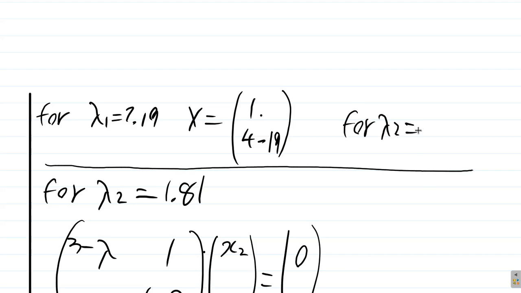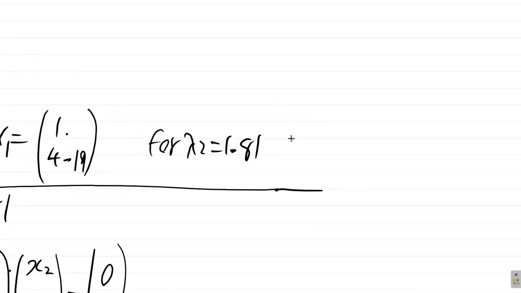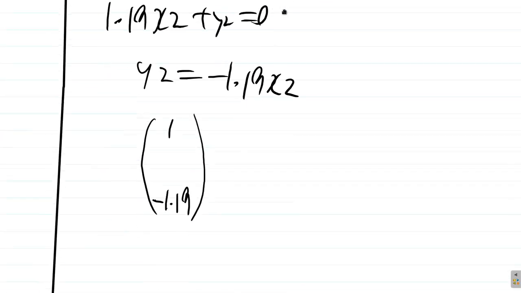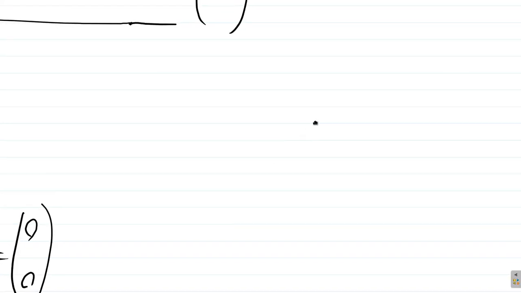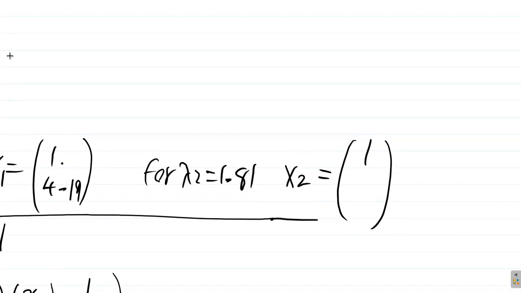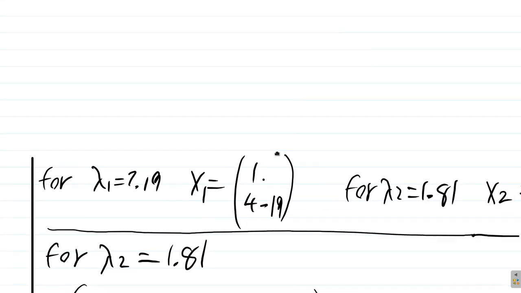For lambda 1, (x1, y1) equals (1, 4.19). For lambda 2 equals 1.81, (x2, y2) equals (1, negative 1.19). Okay, so those are the solutions to what we have here.